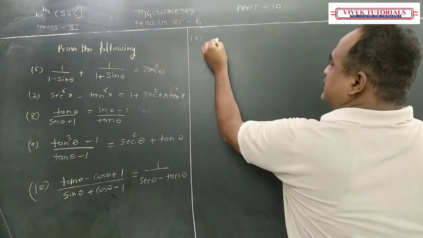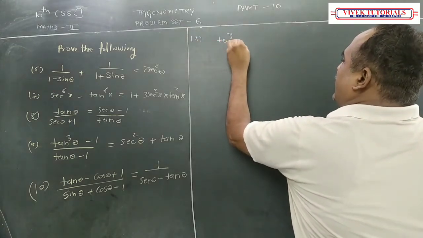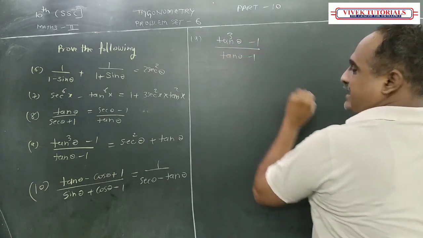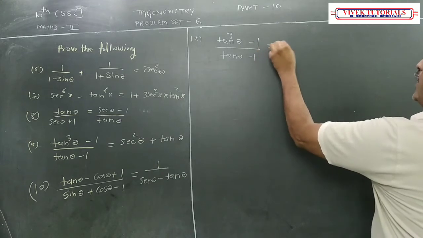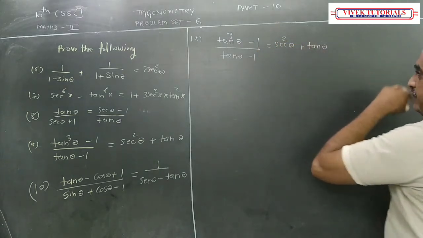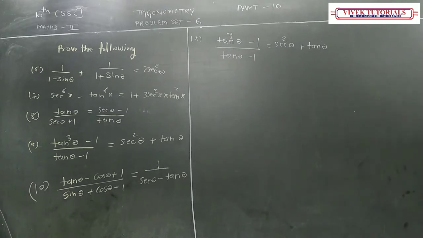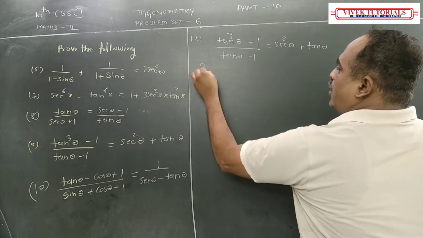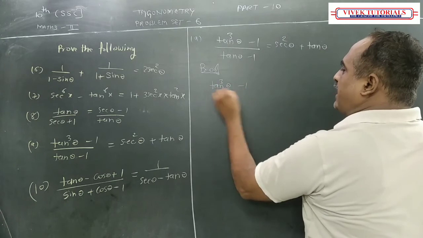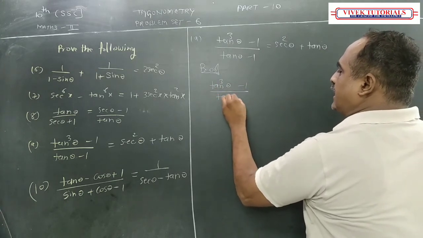Okay, we are on question number 9 now. Question number 9 is tan cube theta minus 1 upon tan theta minus 1 is equal to sec square theta plus tan theta. That we have to prove. What they have given you is tan cube theta minus 1 upon tan theta minus 1.